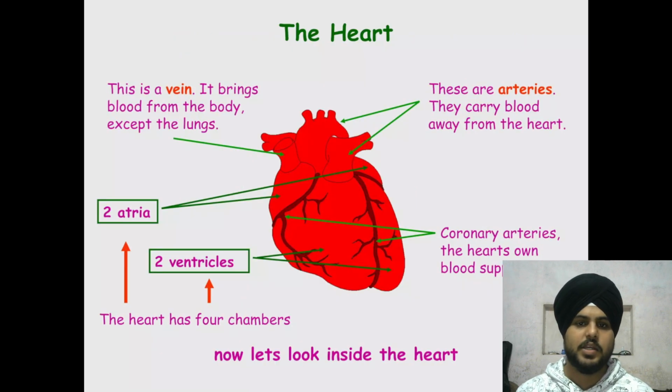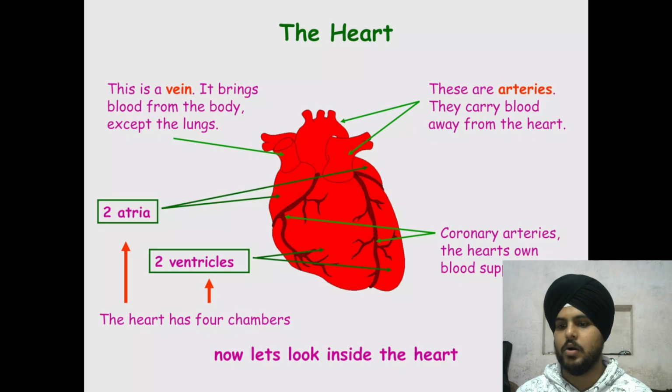And let's briefly learn about the heart, how it works. See, here's the diagram of the heart. These are arteries, you can see them marked up here. They carry blood away from the heart, and coronary arteries give the heart its blood supply.